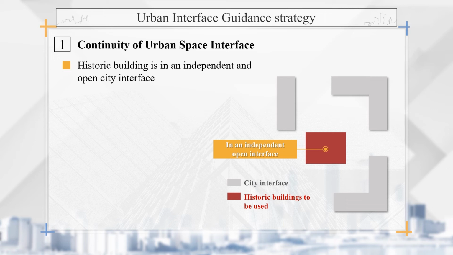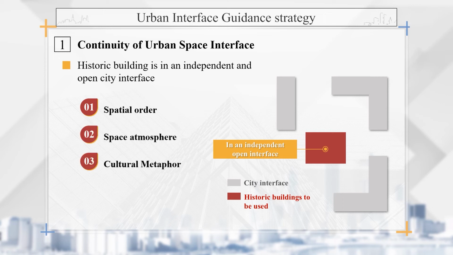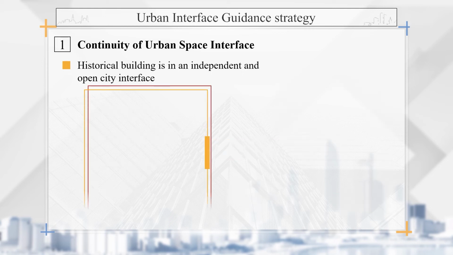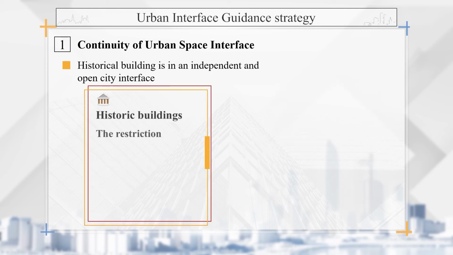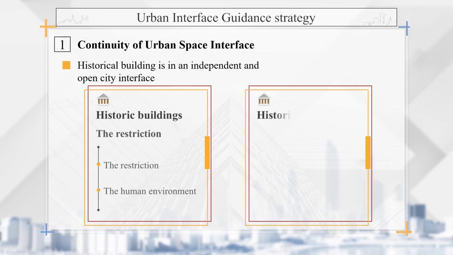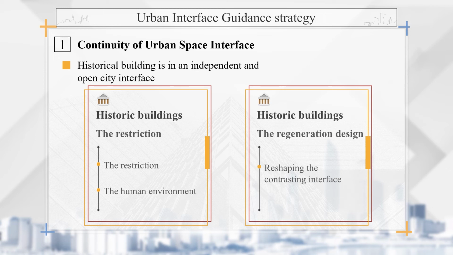At this time, the restriction comes from the surrounding material and human environment, such as the city space order, space, atmosphere, culture, metaphor, symbol, etc. In this case, the new and old buildings can break away from the limitation of historical style and reinforce and highlight the historical spatial interface of the city by reshaping the contrasting interface.